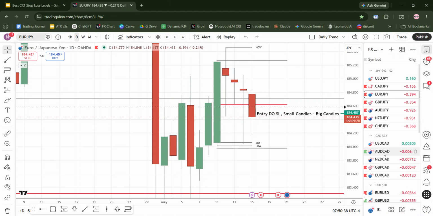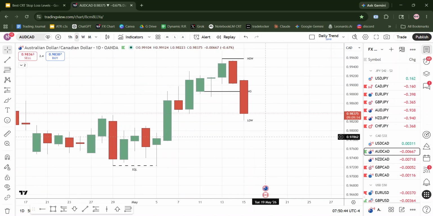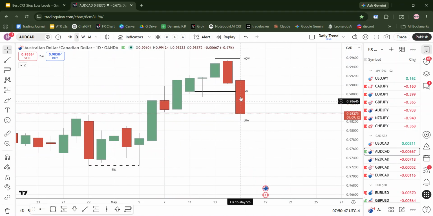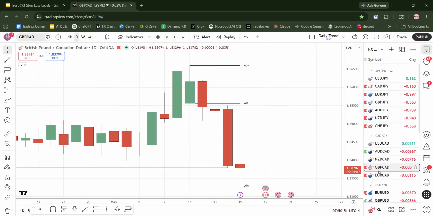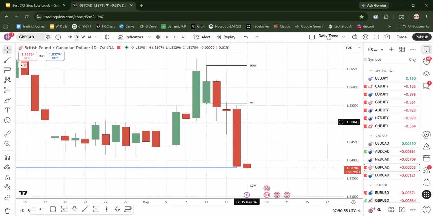Let's just pick Aussie CAD. Okay. So let's see here. So you got to look for some structure here. Okay, this is super hypothetical because there's really no structure. But let's just say hypothetically.